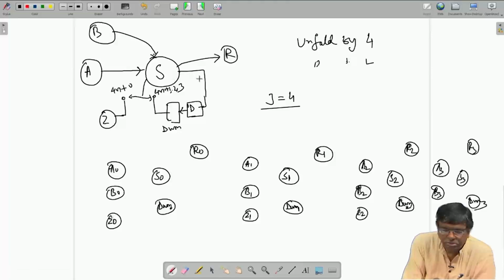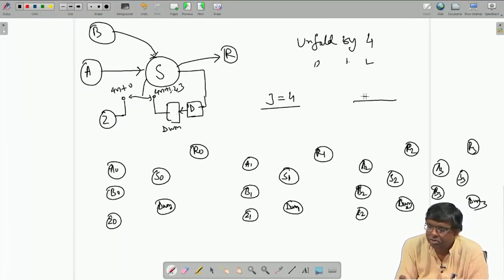Now, first S2 DOM, this is one delay. Okay. So, if I unfold by 4, these are the 4 points.